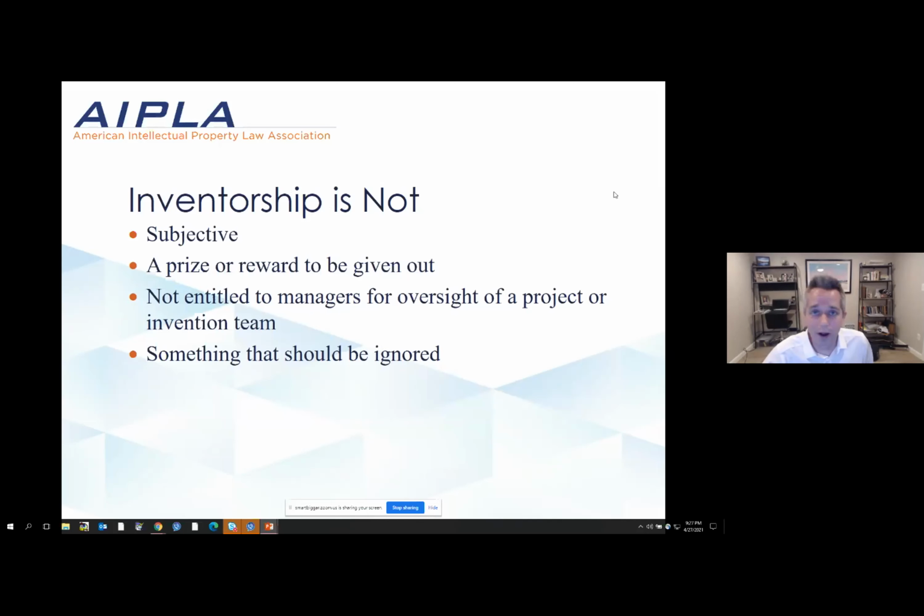Another quick story, and I promise this is the last one. I was working on writing a specification one day, and the CEO of the company called me up and says, I want to be listed as an inventor on the patent. And I said, well, sir, there's a problem. And the problem is that you are not an inventor. And so the CEO says, I don't care. I want to be on the patent.